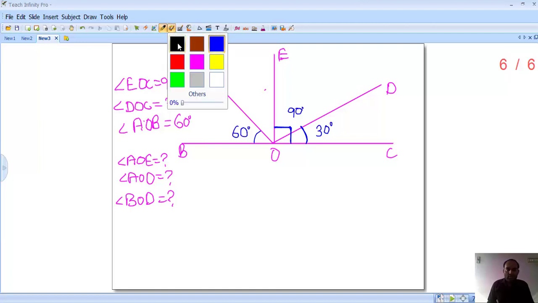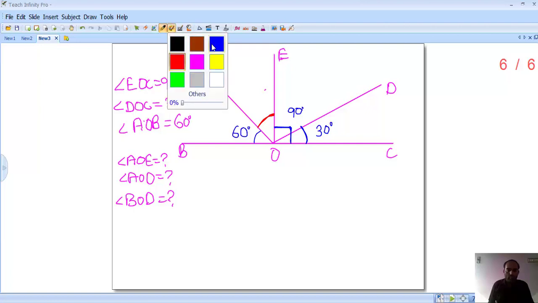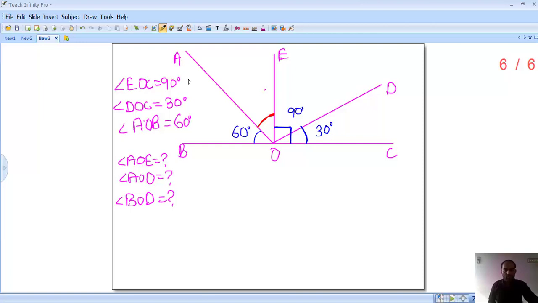Now what is he asking? Angle AOE. Another one is angle AOD, this angle.